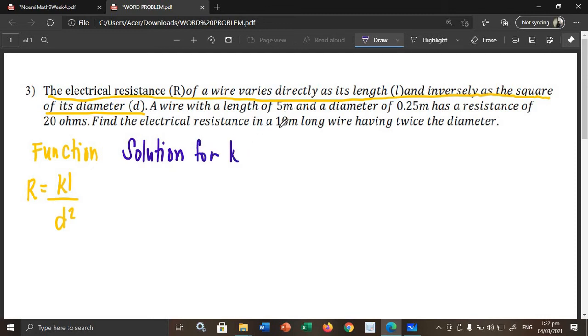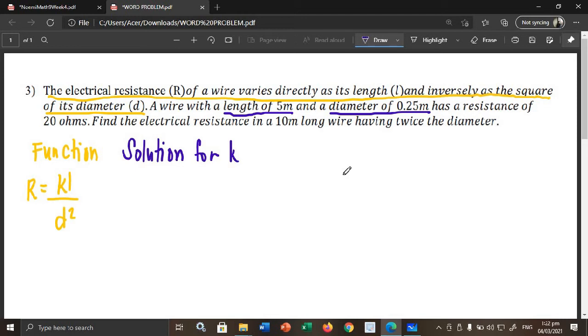So first, we need to find the value of K using the first given value of the length, which is 5 meters, and the first value of the diameter, which is 0.25 meter.